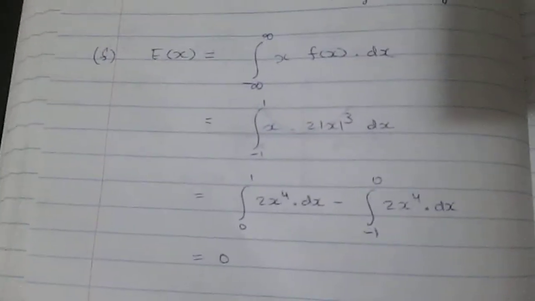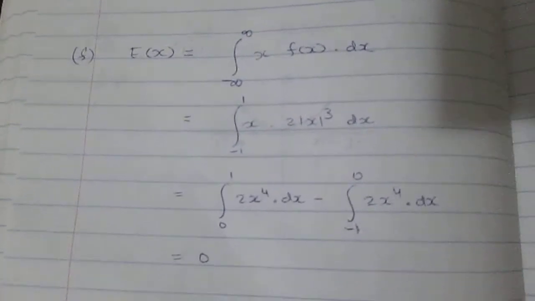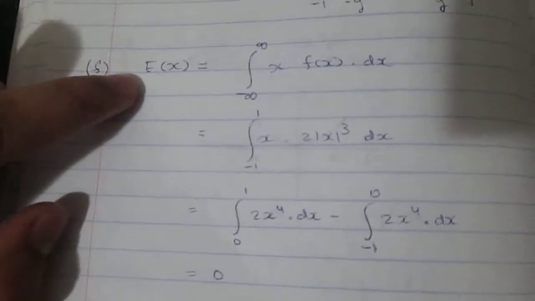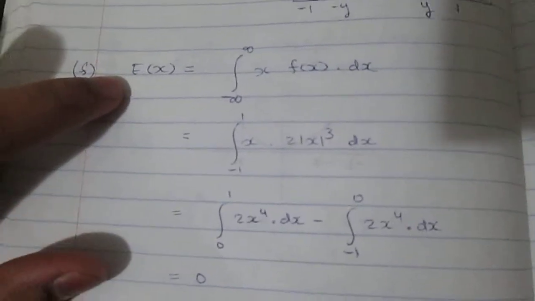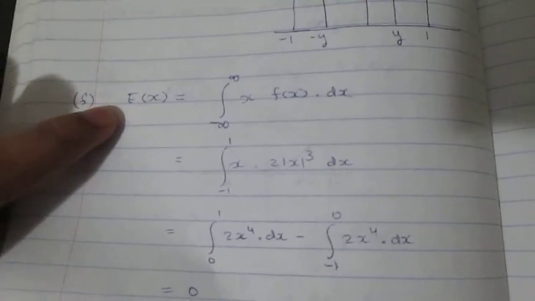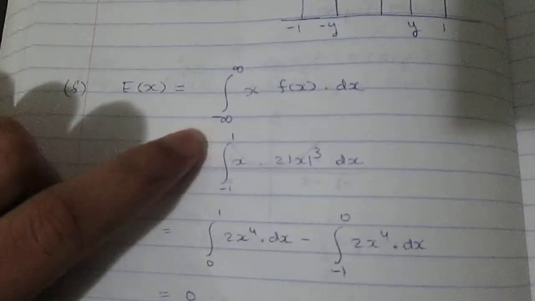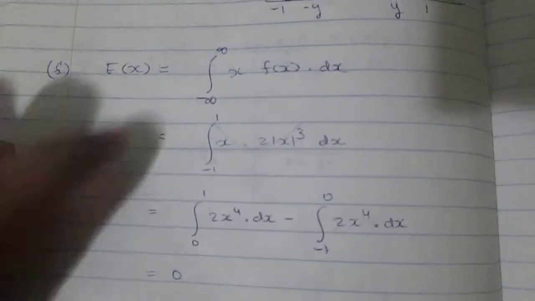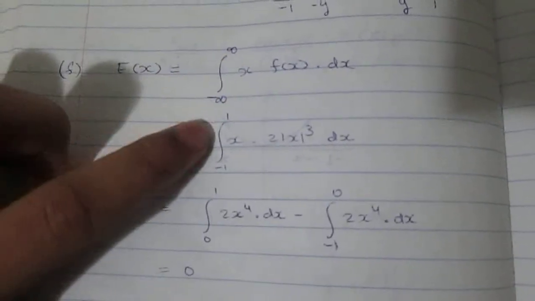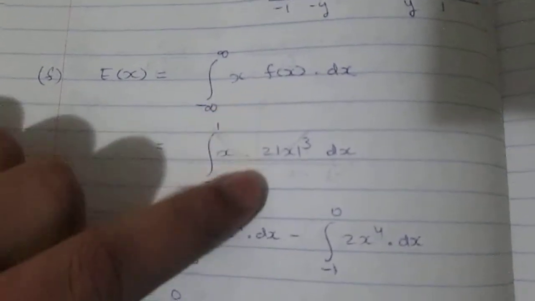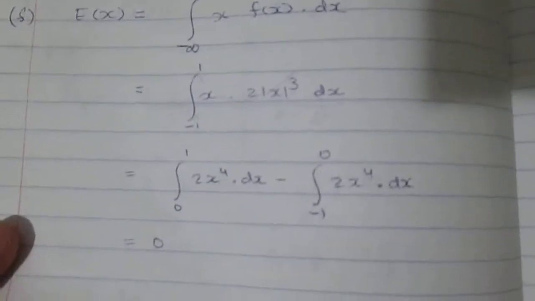So in the next question, the first subpart asks us to find the expected value of x. So we know the formula, the integral from minus infinity to infinity of x f(x) dx. So we just put the limits, and we know the marginal density function of x, which is 2|x| cube.